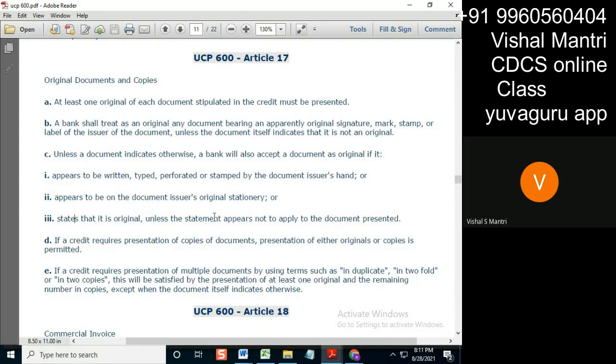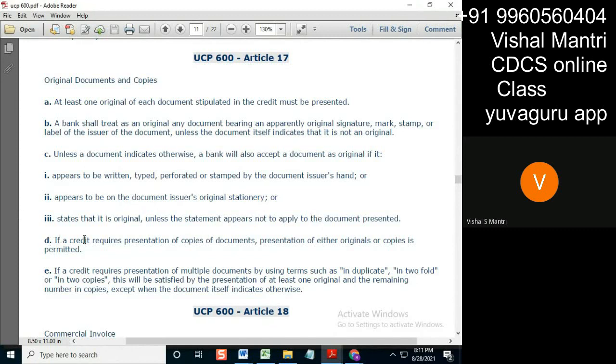Means what? If the statement itself states that it's not original or it should not be applied, that this without signature need not be applied to so and so document. This is hardly any case nowadays. But if it states that it does not apply to this letter or such and such letter, then we need not consider it as original.